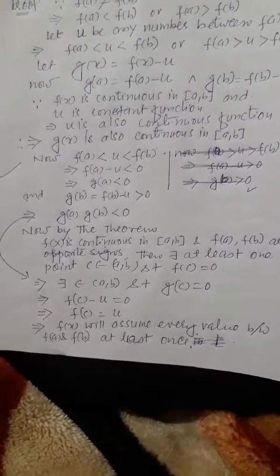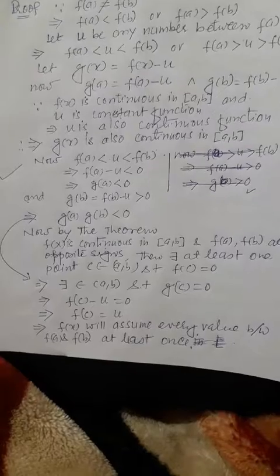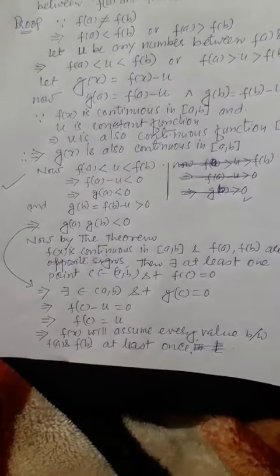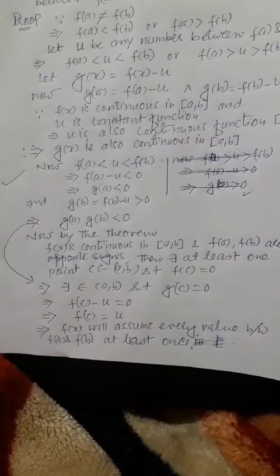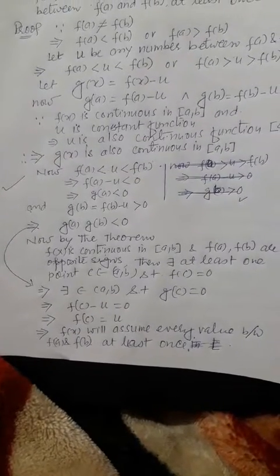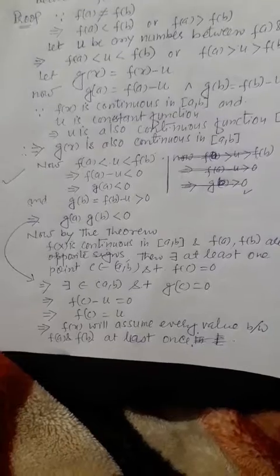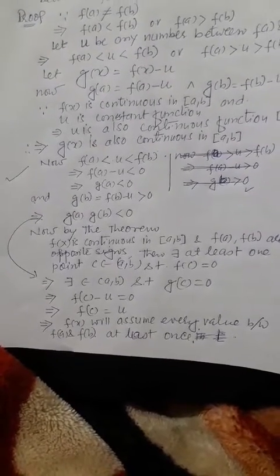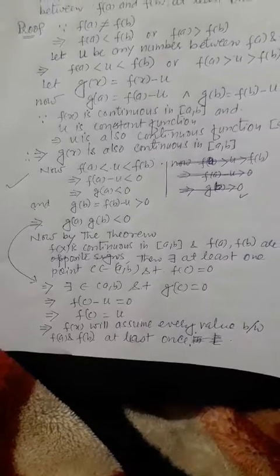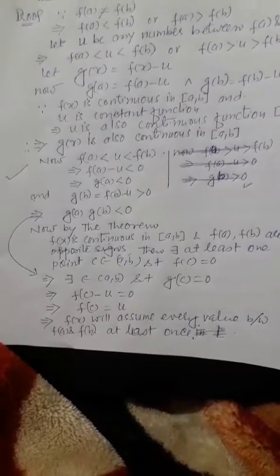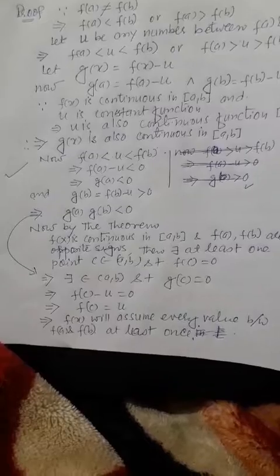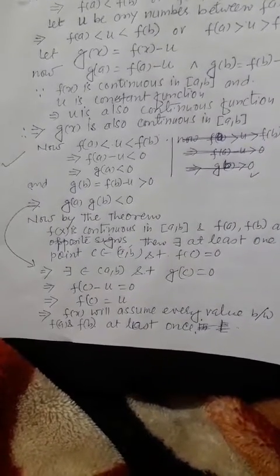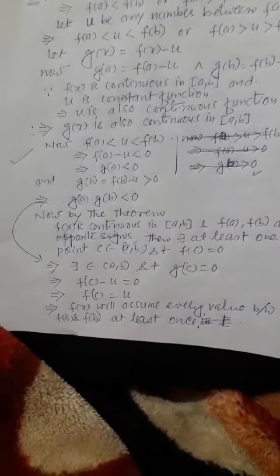So f(x) and u both are continuous functions in the closed interval [a, b]. So sum, difference, multiplication and division are also continuous function by theorems. So here we can say g(x) is also continuous function in [a, b]. It is a very important concept.